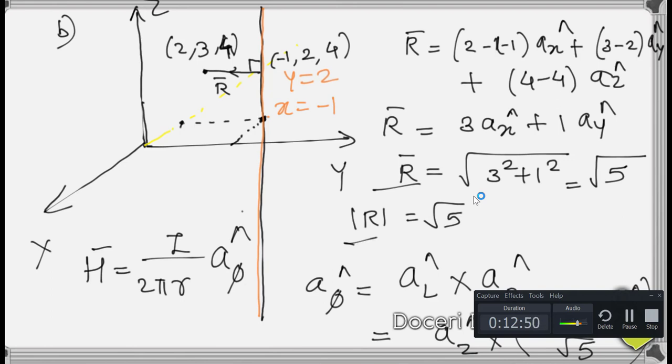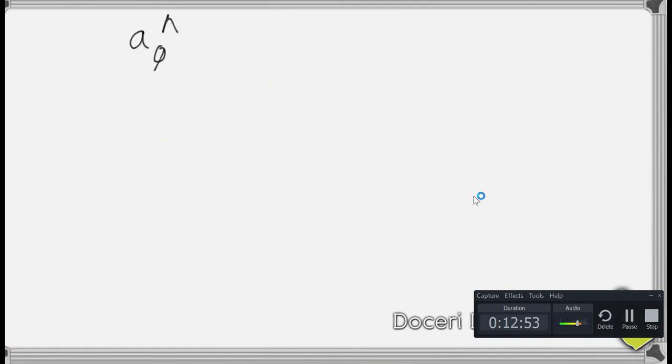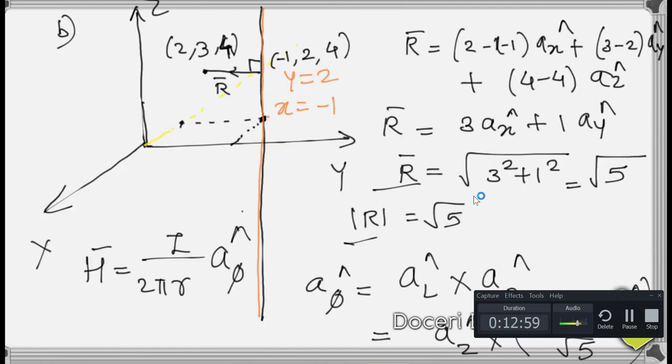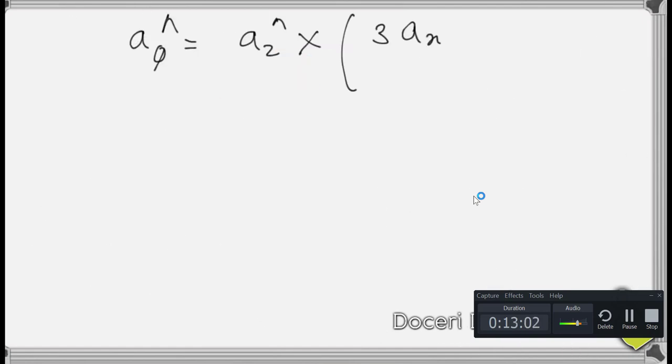So we'll take the cross product now. What is the cross product? A phi cap, we'll write it again, AZ cap cross in bracket 3AX plus 1 AY divided by square root of 5.